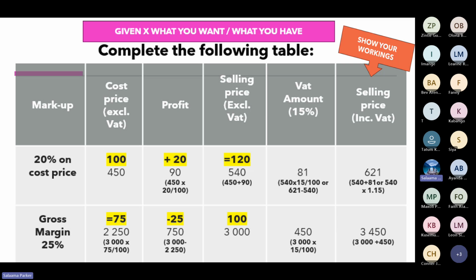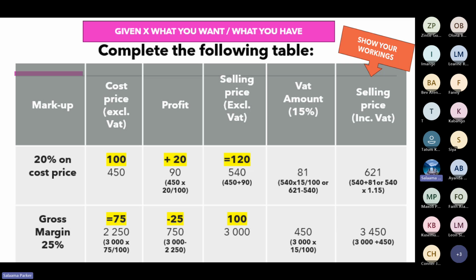So again, now I'll use this answer times that to get to my VAT amount, and then I add up the two amounts, and that will then give me my selling price inclusive of VAT. Okay, so different methods that you can use to get to the same answer. Using the shorter or easier method, or you can use what you want divided by what you have.